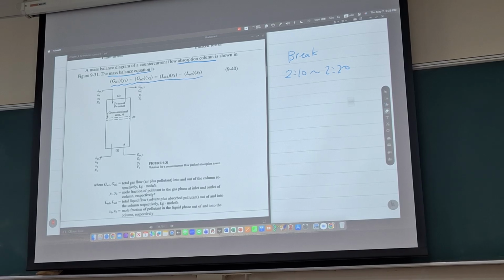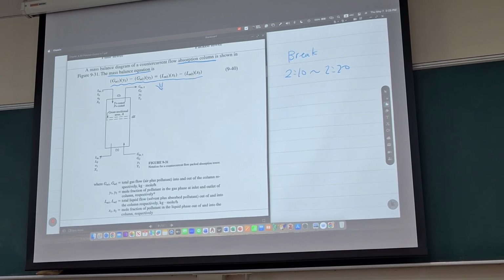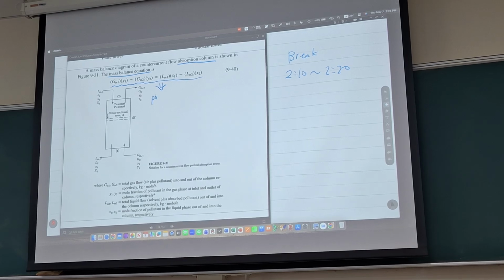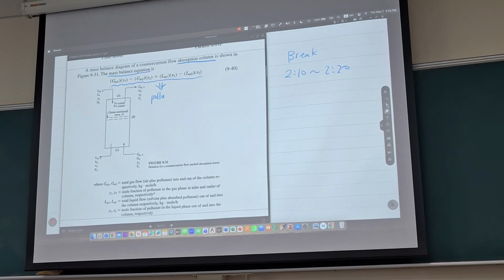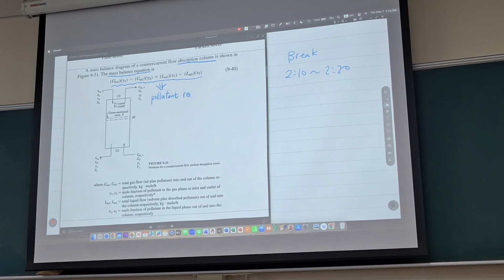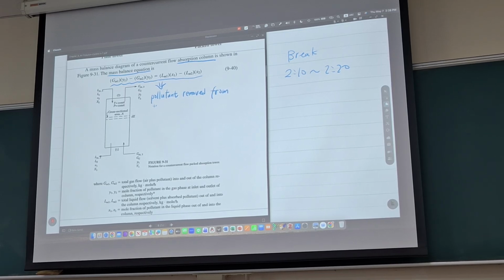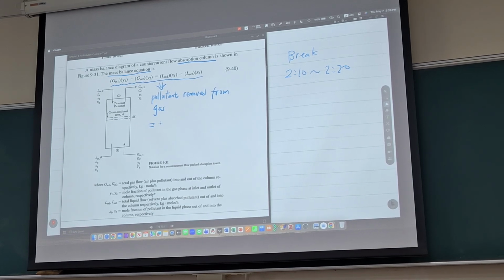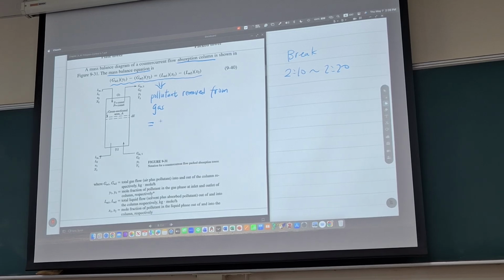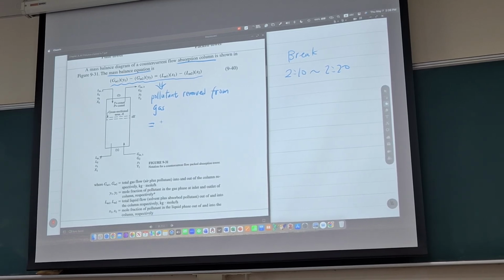What does this one tell us? So this tells us the pollutant removed from gas equals the pollutant will transfer from gas to liquid, right?